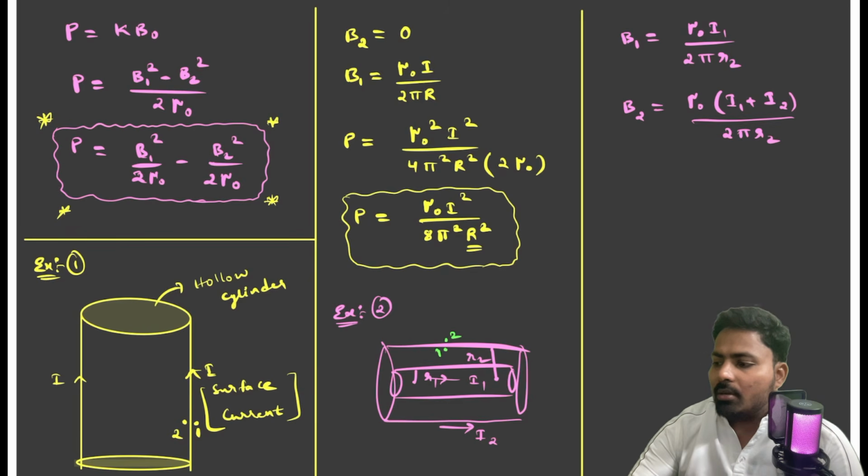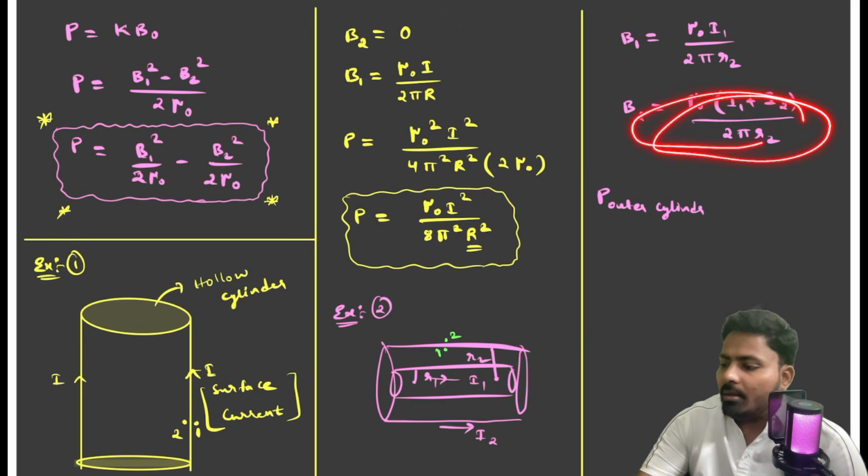Once you know the values of B1 and B2, the pressure on the outer cylinder is equal to, simply, I'll use the formula. On which side is the magnetic field more?